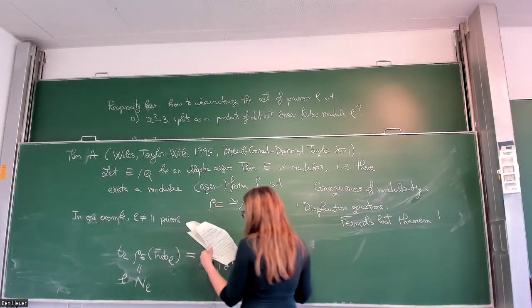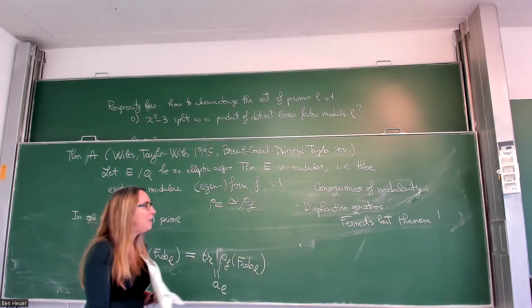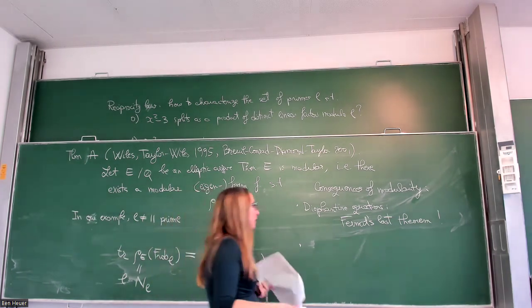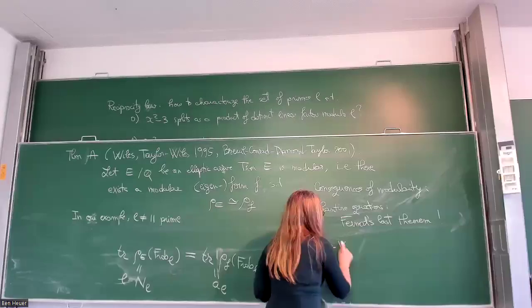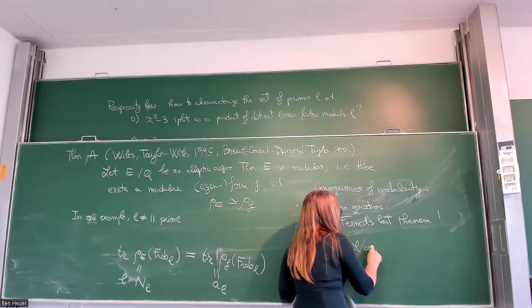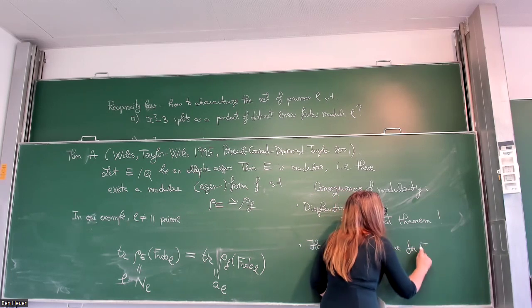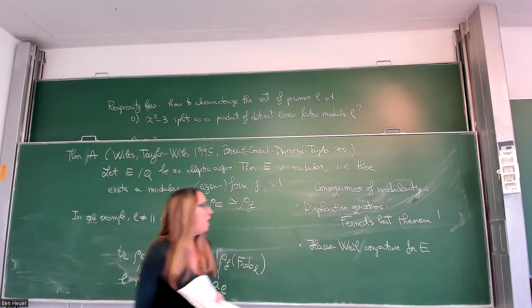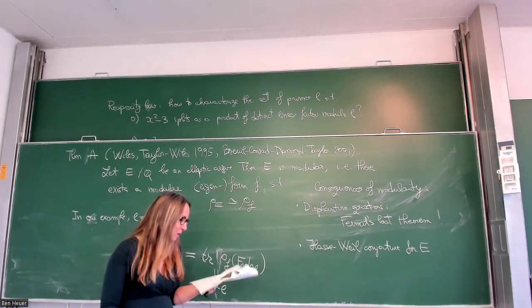Okay, there's another consequence, namely, this establishes the Hasse-Weil conjecture for the elliptic curve E. So elliptic curves have attached to them certain analytic functions that are in some sense generalizations of the Riemann zeta function.